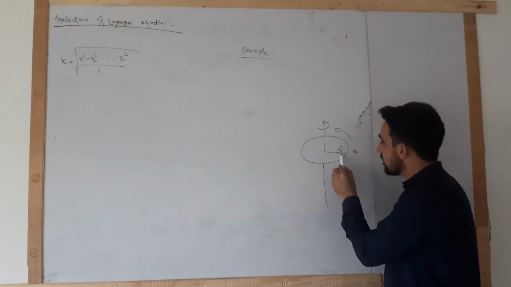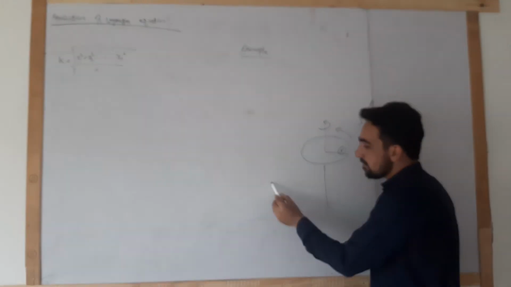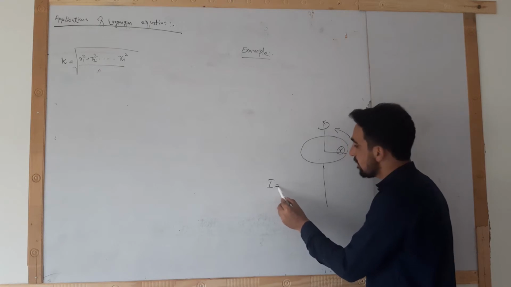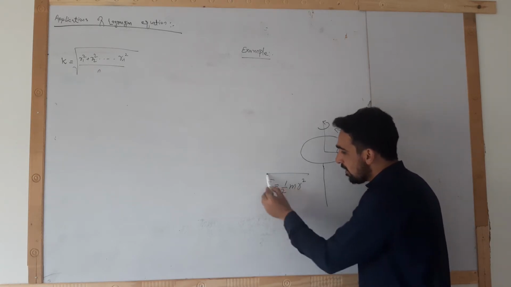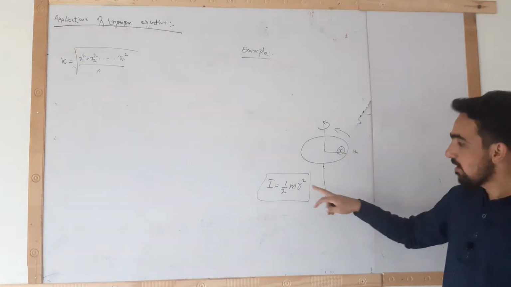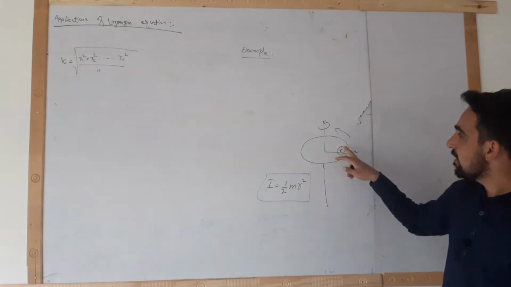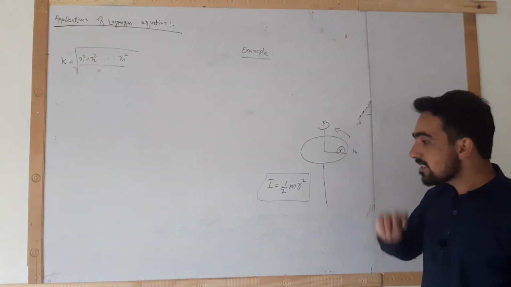Let the radius of the disc be r. Then we know that the moment of inertia of the disc is half m r square. We don't have to derive it; we know it from our previous knowledge, even from high school, that the moment of inertia of a rotating disc is half m r square.